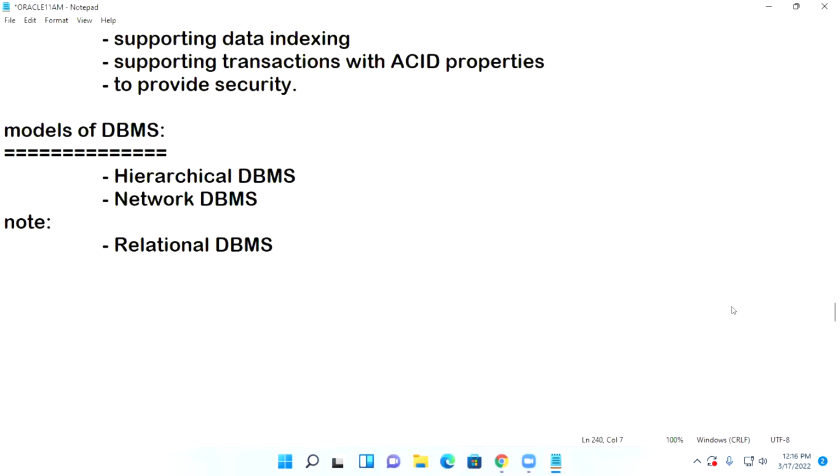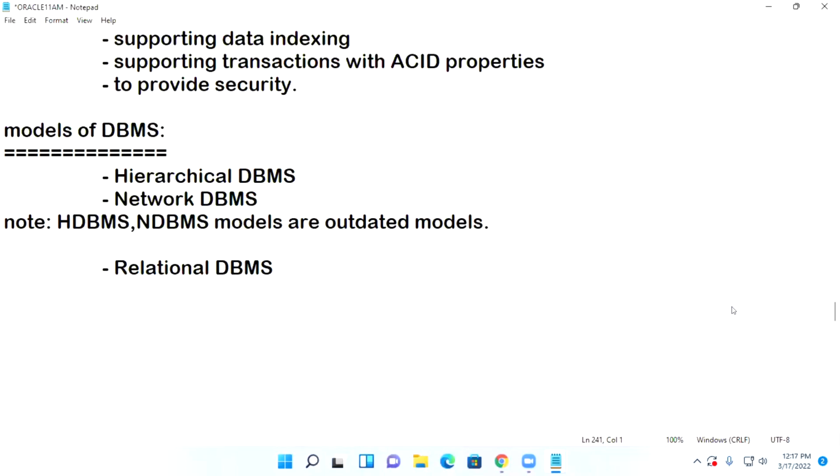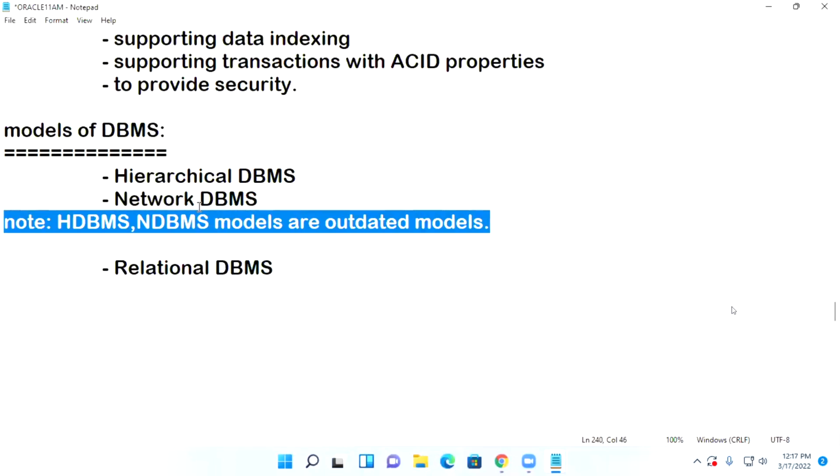So HDBMS and NDBMS models are outdated models. Presently there is no company, no industry, no one using hierarchical and network. So this is what we call outdated models, and we don't want it here.